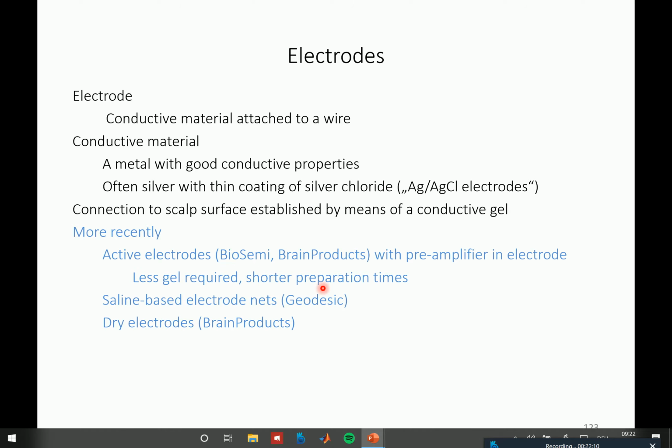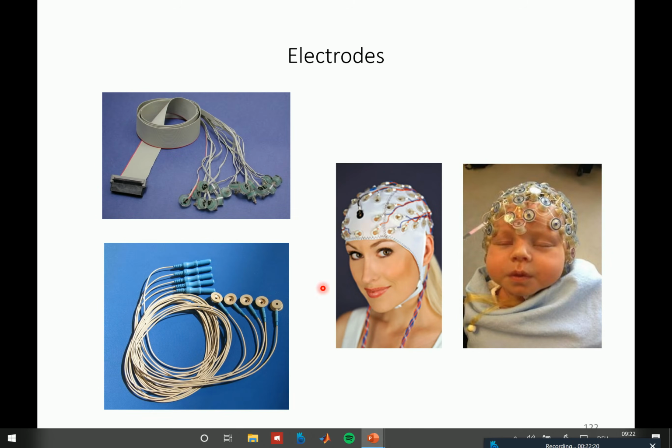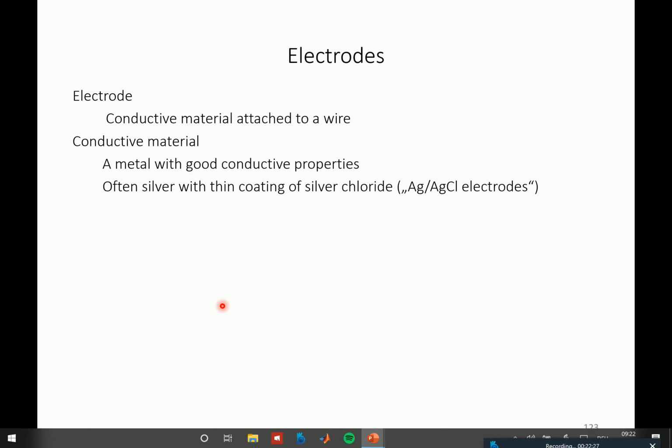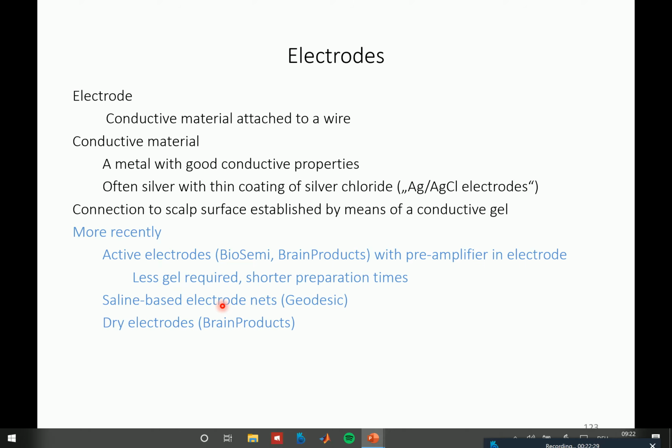So this used to be the case, and what also used to be the case is that you only had these non-pre-amplifying electrodes that are basically silver chloride rings. What I think became very prominent like 10 years ago or so are active electrodes. So you've seen earlier these electrodes that have a little amplifier in them, maybe even a light for the brain products ones.